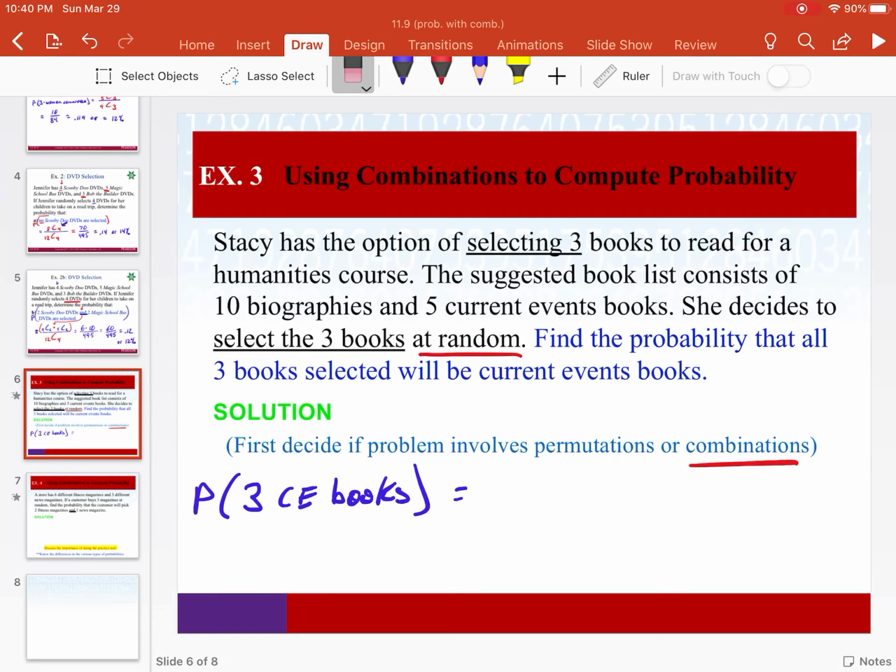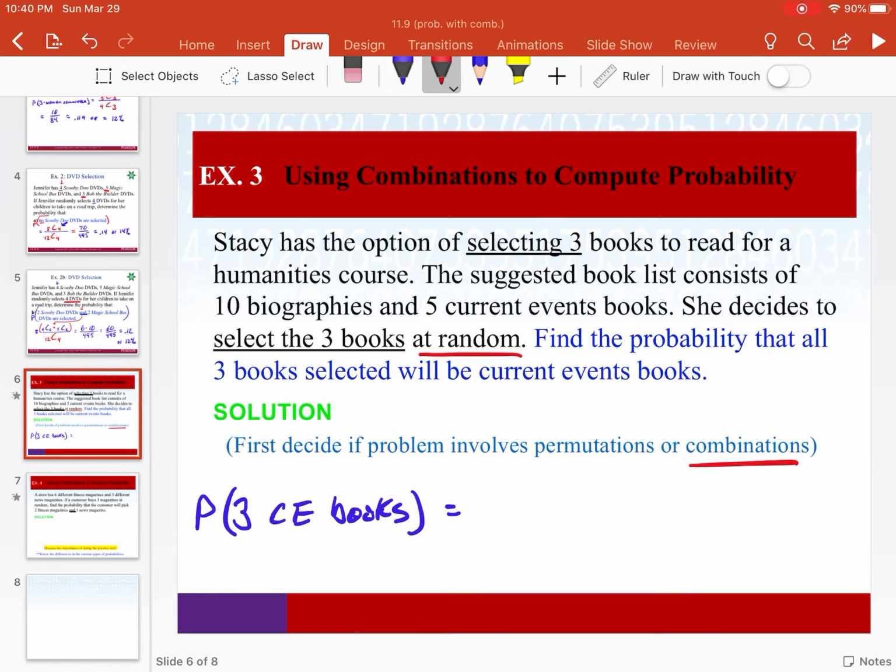You know what? I'm going to move that down a little bit so I have some room on the top and the bottom. All right, sorry. Probability of 3 current event books. I encourage you to do the bottom first. It's just a little easier because there's no restrictions, no requirements, right? So the bottom is the total number of groups of 3 books possible.